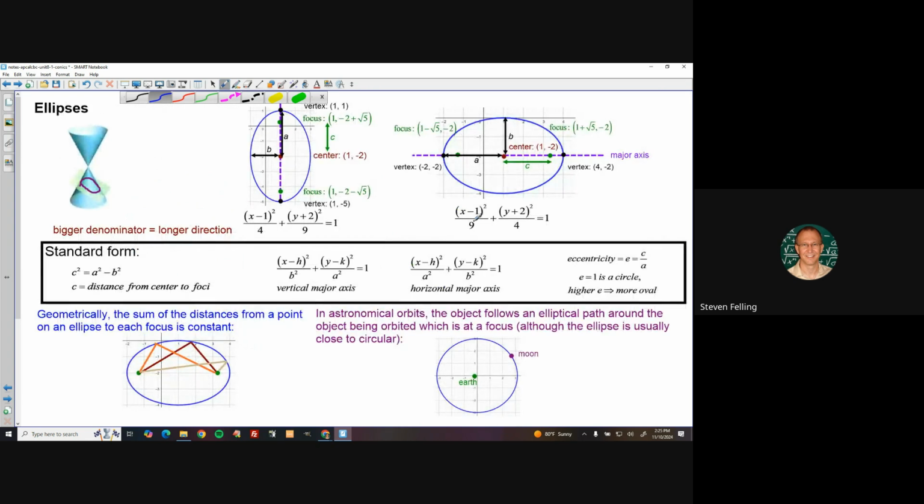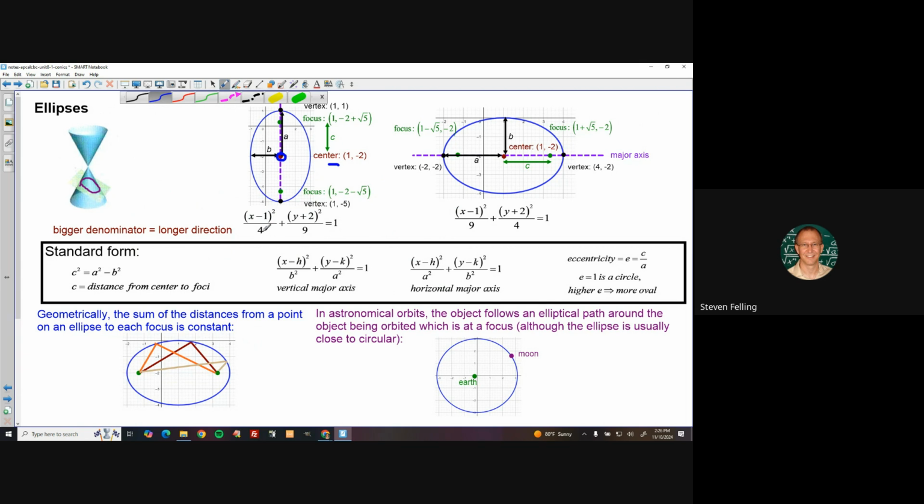Okay, the next shape is an ellipse. And an ellipse has a standard form, but this time we have an x squared term and a y squared term, and they're both the same sign, so they're both positive, okay? So we also have a structure where it's x minus h and y minus k, except that the h, k in this case is the center of the object, right?